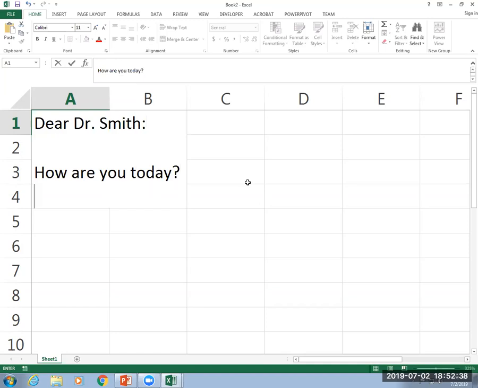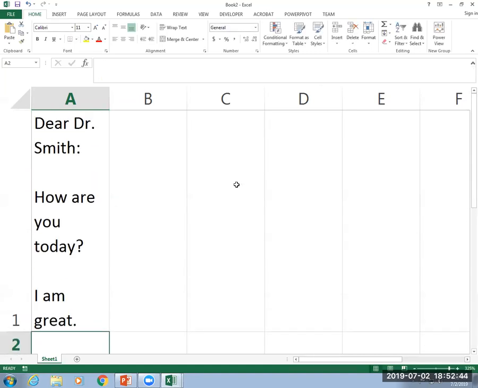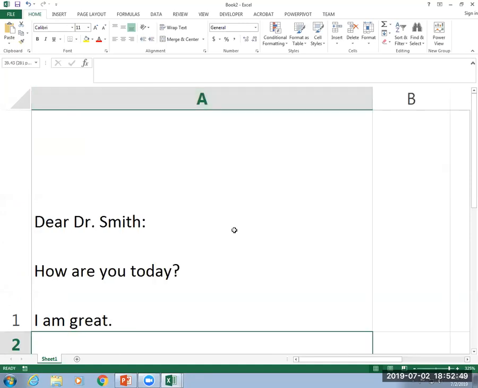Alt Enter, Alt Enter. "I am great." I have no idea why she would do this, but that is literally what she would do, and then she would stretch this out so that it would fit, and that is how she would actually write her letters. Instead of using Microsoft Word, she would use Excel.